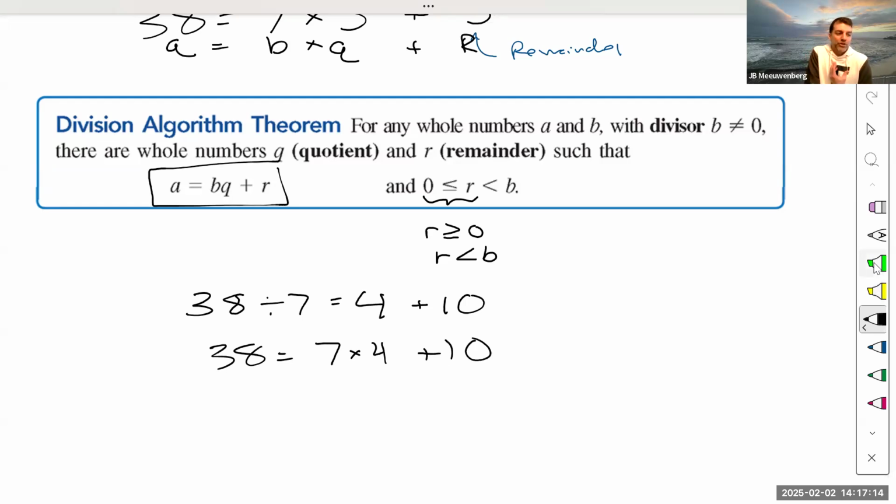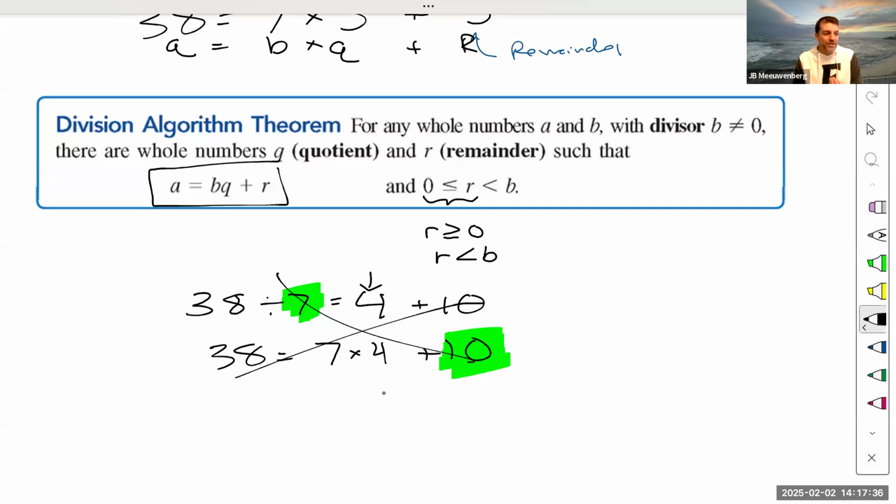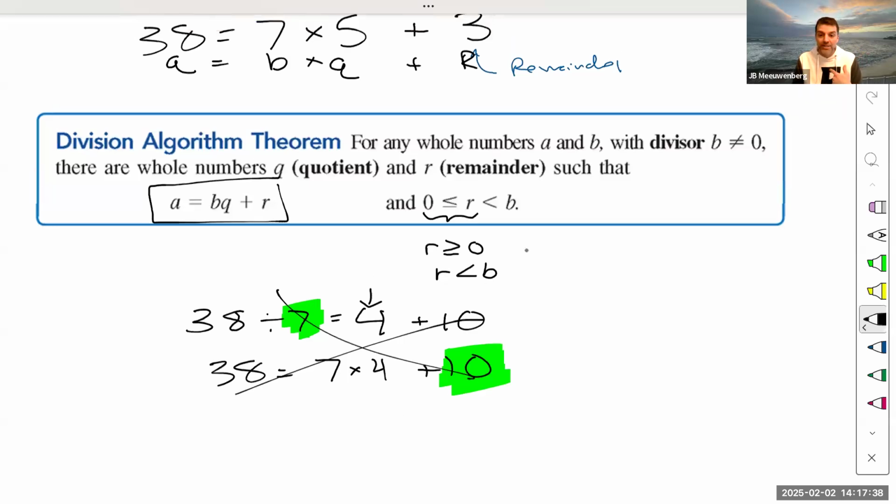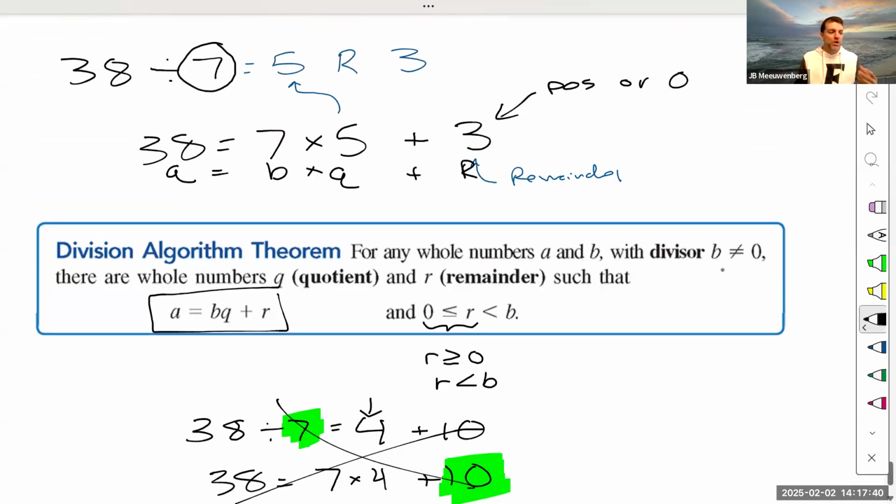This isn't how we would ever do division, right? Because our remainder was bigger than the number we were dividing by. And what does that tell you? Well, it tells you that this number here was not big enough, right? 7 goes into 38 more than 4 times. As we saw, it goes in 5 times. So you have to maximize your quotient, minimize your remainder, okay? So that's what this division algorithm says.